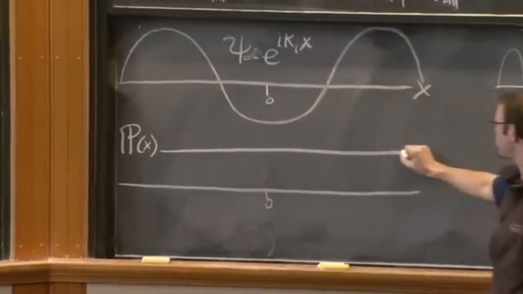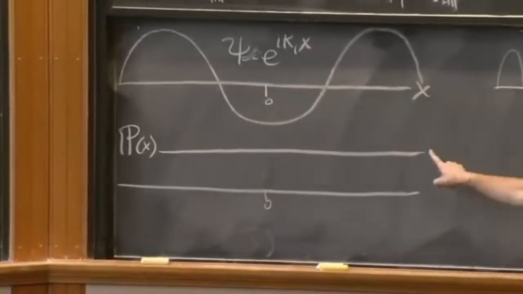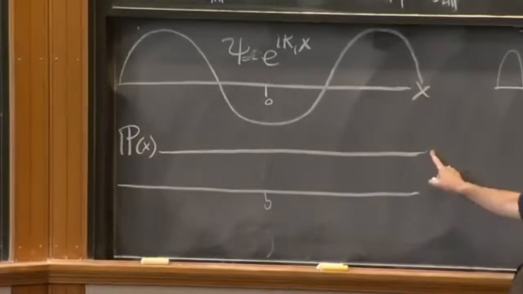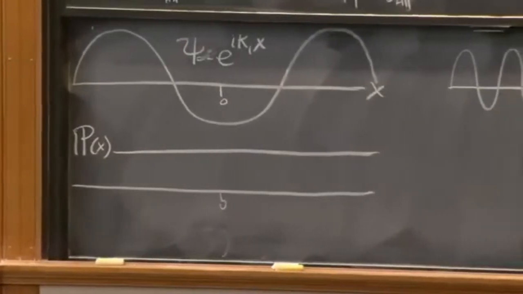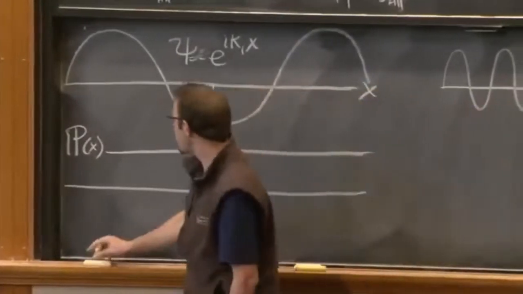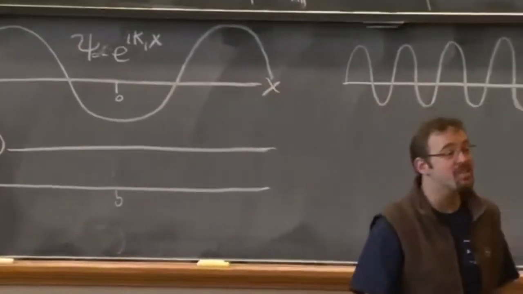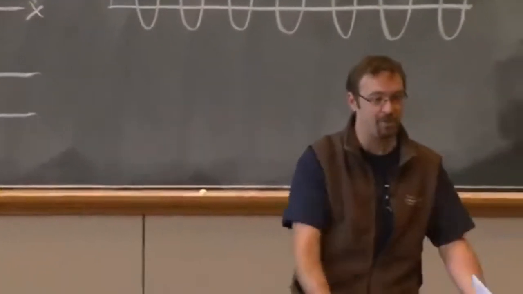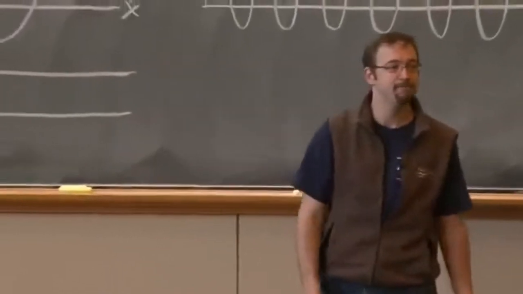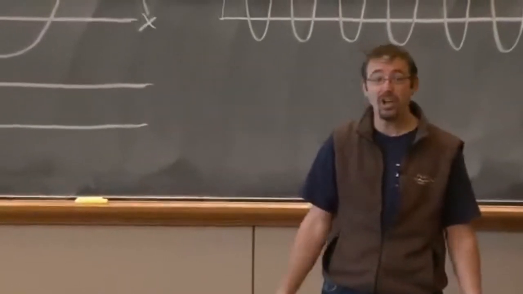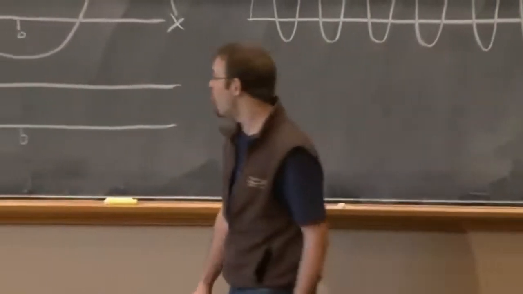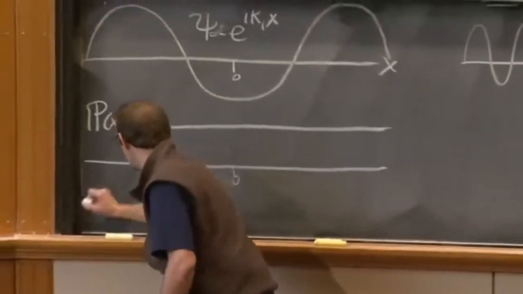So from this, we've learned 2 important things. The first is this is not properly normalized. That's not so key. But the most important thing is, if this is our wave function, and we subsequently measure the position of the particle, we look at it, we say, ah, there's the particle, where are we likely to find it? Yeah, it could be anywhere, right? So what's the value of x you expect?